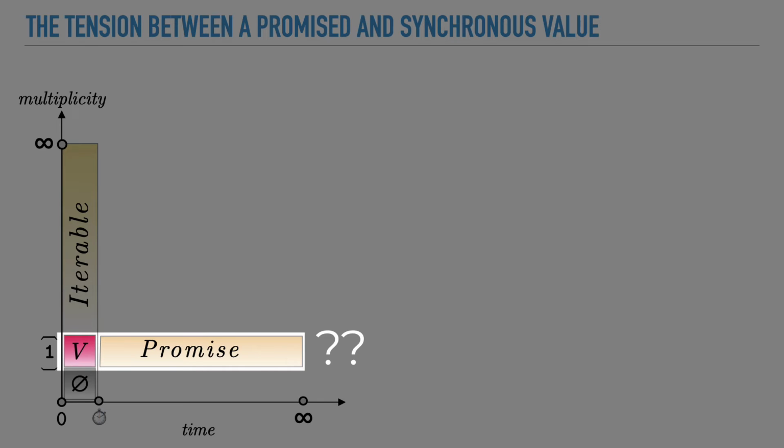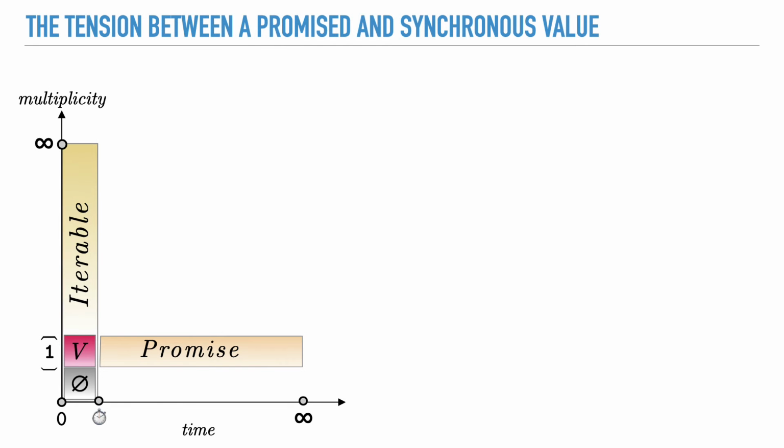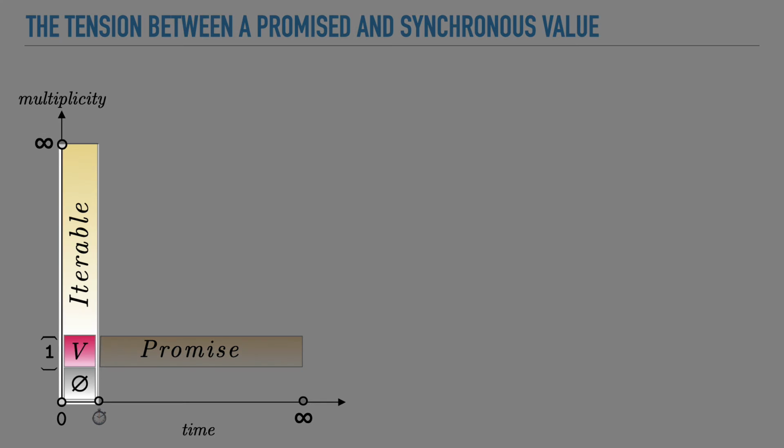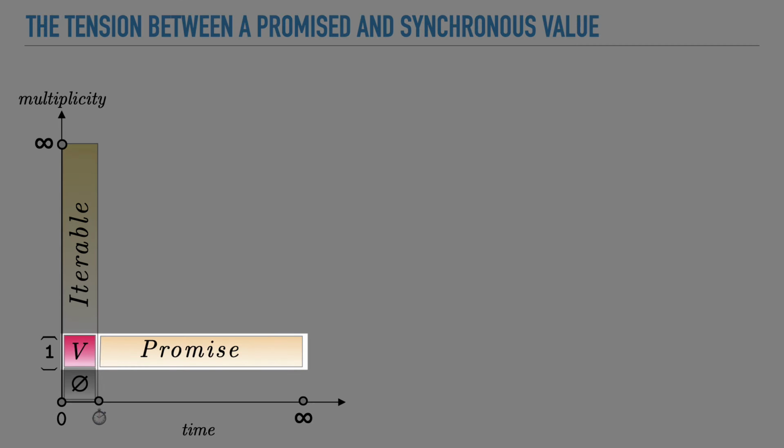Is it a value, or is it a promise? It's challenging to compose, to interoperate between future values and present values. Race conditions and difficulty writing correct, simple code are the costly symptoms. It's the same kind of tension that iterables solved, just rotated 90 degrees.